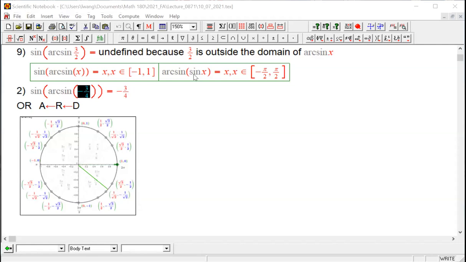Once again, there's a blue number on this point. What is that blue number? Isn't the blue number negative 3/4? That's right. Negative 3/4.